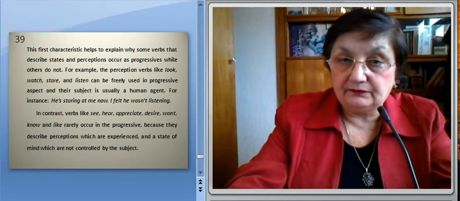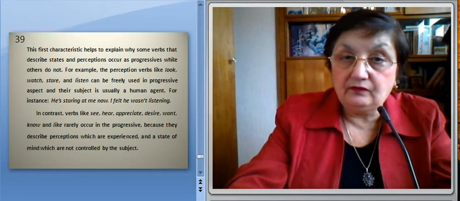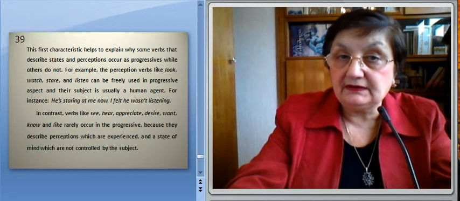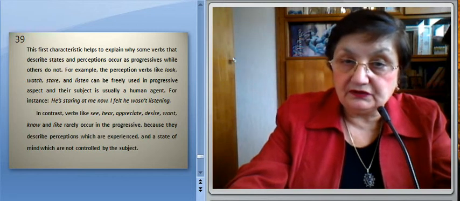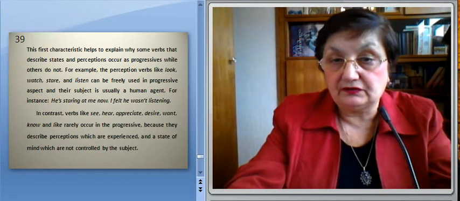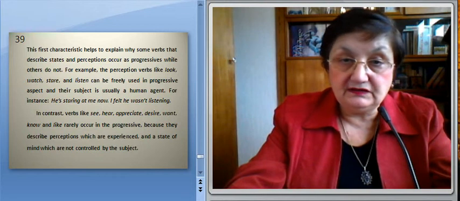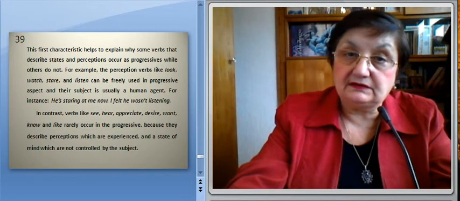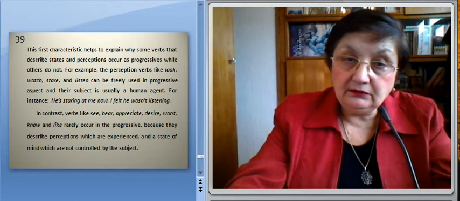In contrast, verbs like see, hear, appreciate, desire, want, know, like, etc., rarely occur in the progressive because they describe perceptions which are not controlled and states of mind which are not controlled by the subject.